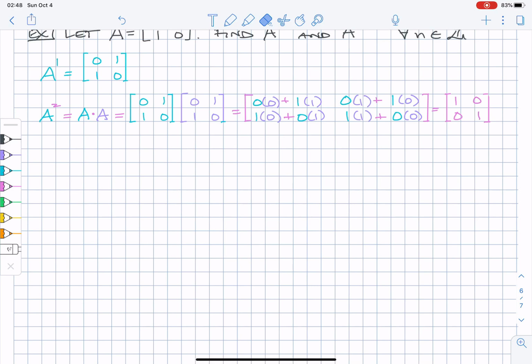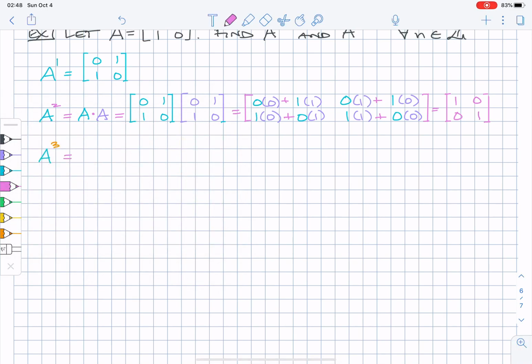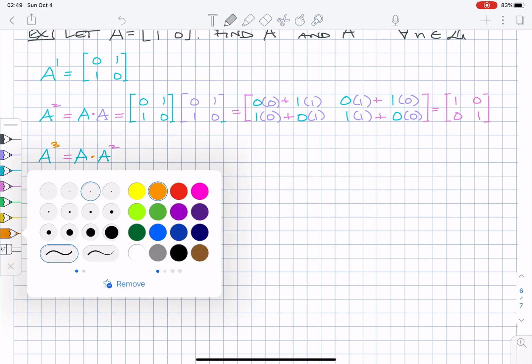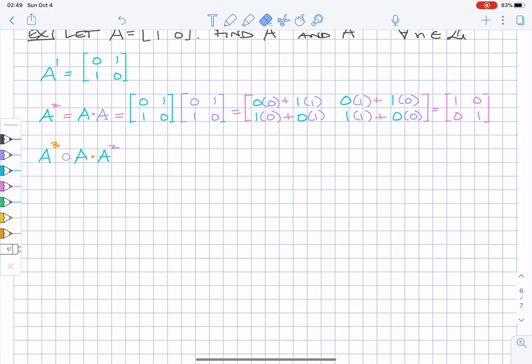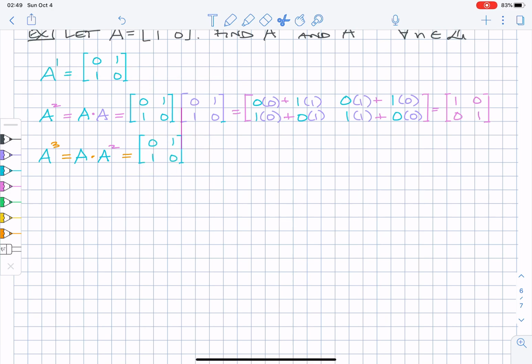Okay, so let's try A cubed. Well, that's just going to be A times A squared. So that's just going to be A here times A squared here.